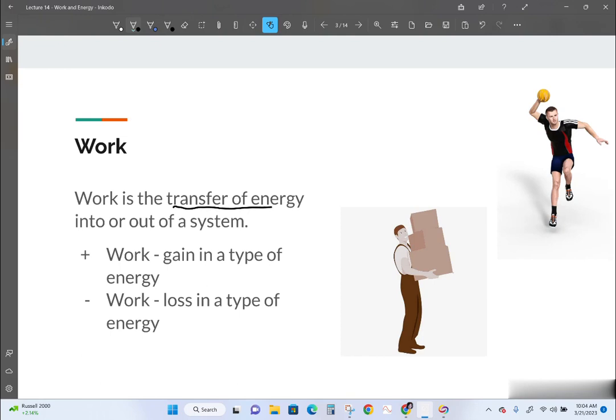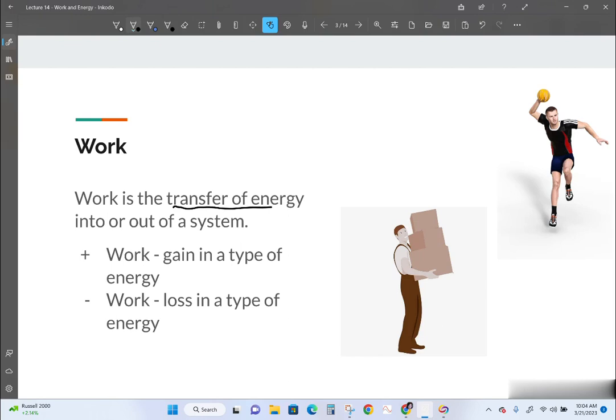But remember, it doesn't just come from nowhere. When you throw that ball, you are taking the stored chemical energy that was liberated and stored in your muscle cells, and you are turning that into kinetic energy that the ball has when you let go of it.